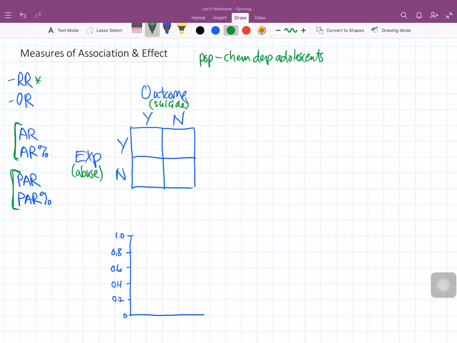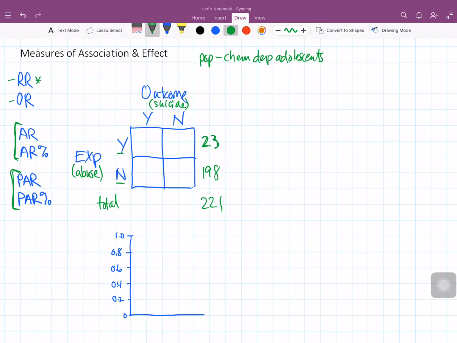So in terms of the actual numbers, let's actually start with the total. We had 221 individuals who were in this study. So we'll say total. And of those, 198 did not have a history of abuse as it was defined for that particular study, and then 23 out of the 221 did have a history of abuse as it was defined.